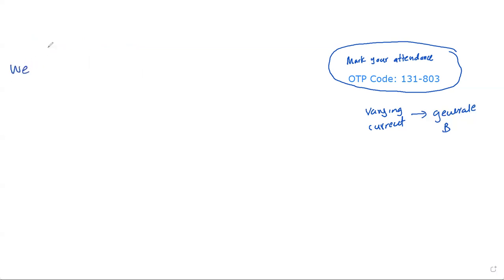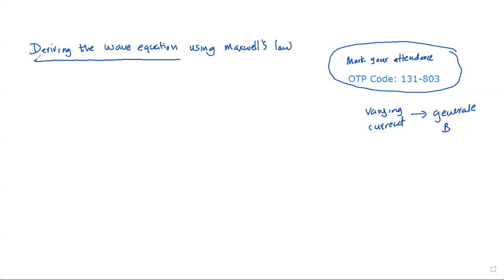I will write: deriving the wave equation using Maxwell's laws. We learned Maxwell's laws mainly to prove the existence of electromagnetic waves, and we can show it mathematically using them.